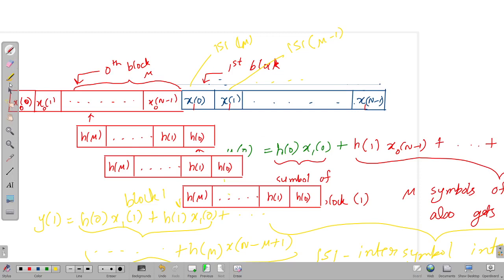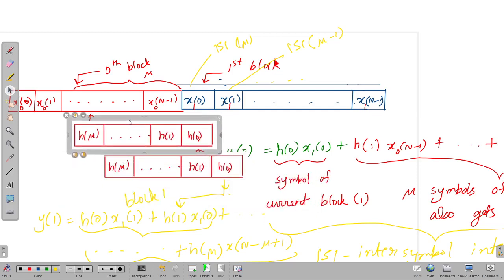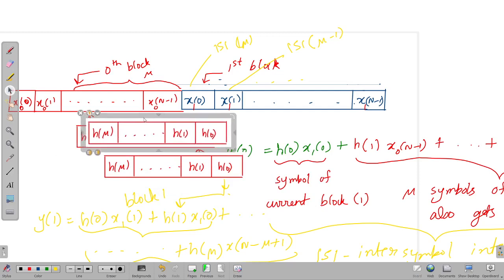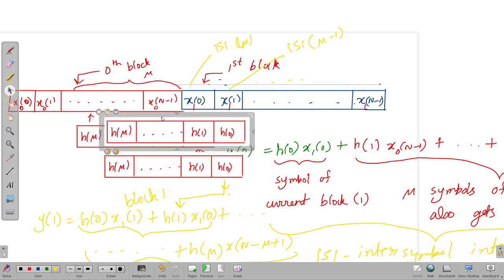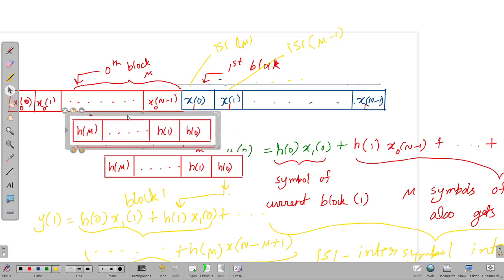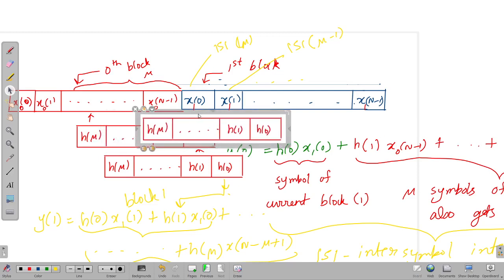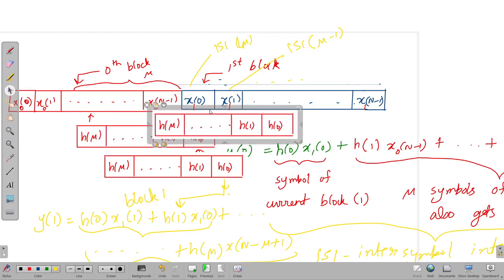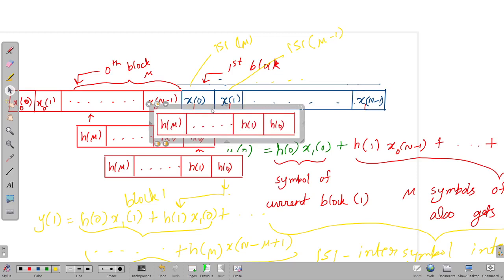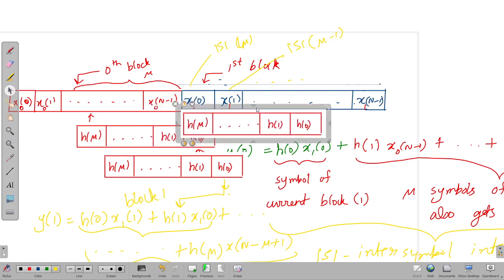The answer is, when the impulse response was here, x1 of 0 got affected. When it is here, the next time instant, x1 of 0 got affected, here x1 of 1 got affected, and this goes up to this point where there is no interference from the previous block.